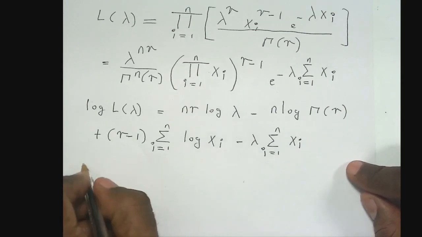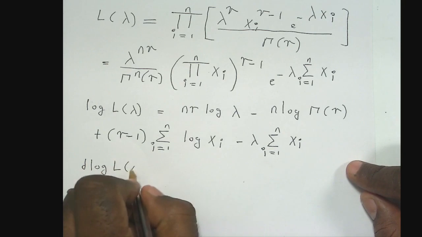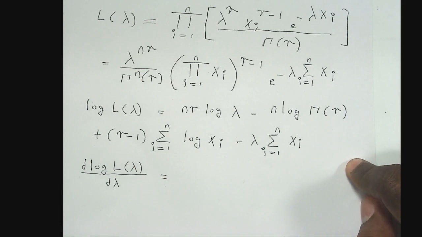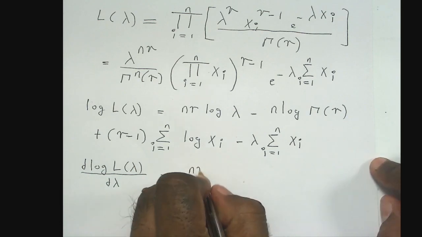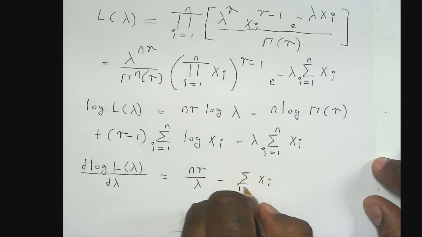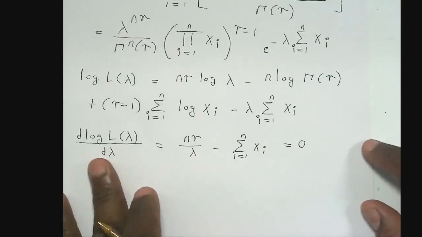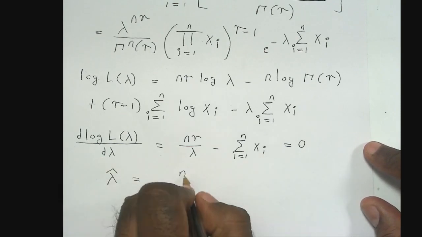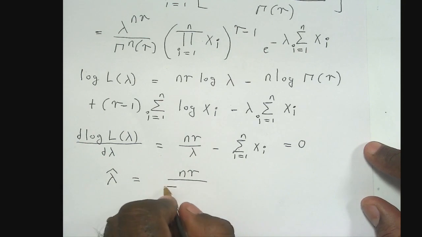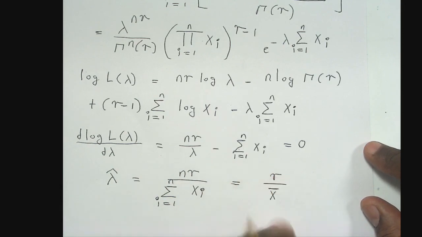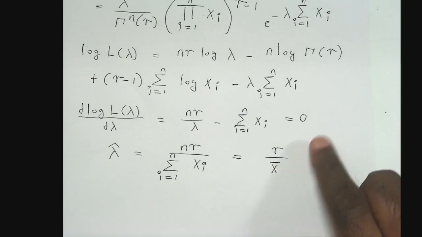And the next step is the derivative of the log likelihood with respect to the only parameter, which is lambda. So you get nr by lambda minus the sum of xi, i from 1 to n. Set this to 0 and solve for lambda. You get lambda hat equal to this, which is the same as r divided by the sample mean. So this is the solution for this equation.